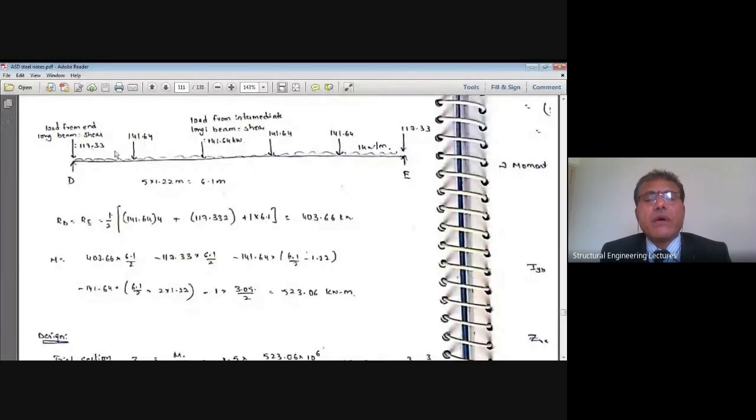This much of gap has gone, right? Another couple. The next couple is this one, 141.64 multiplied by this 3.05 minus 2 multiplied by 1.22, right? This couple is also calculated.